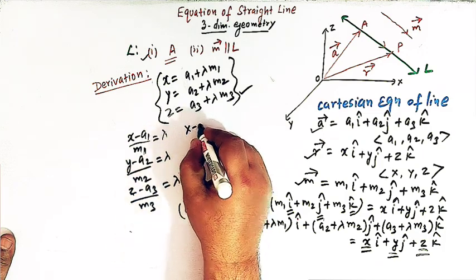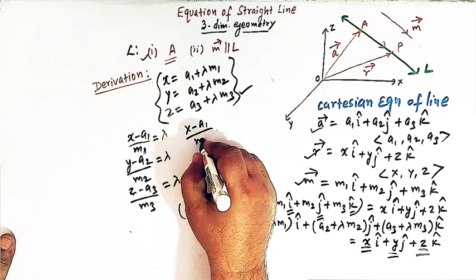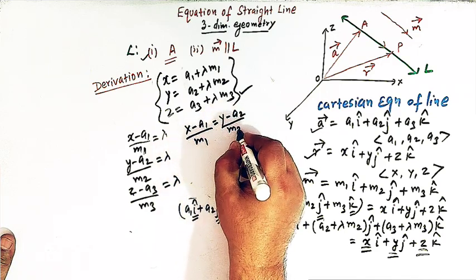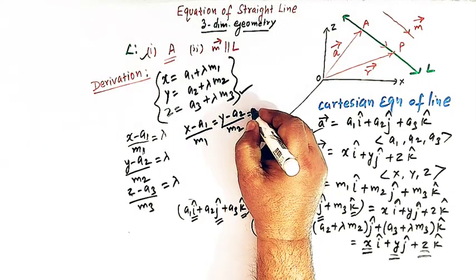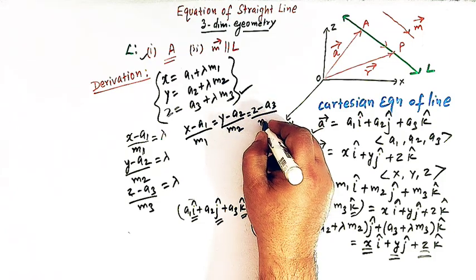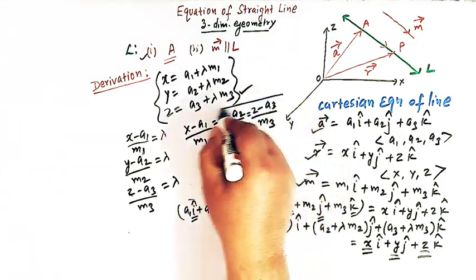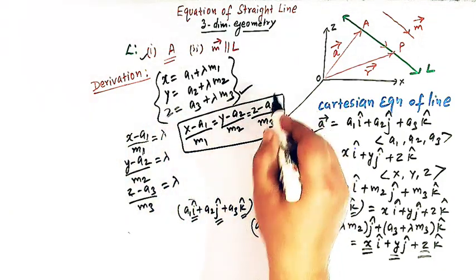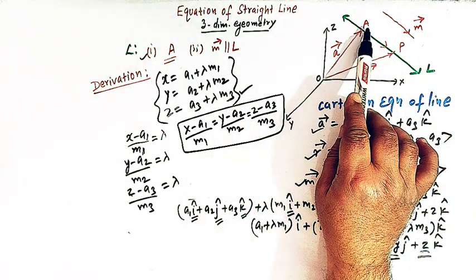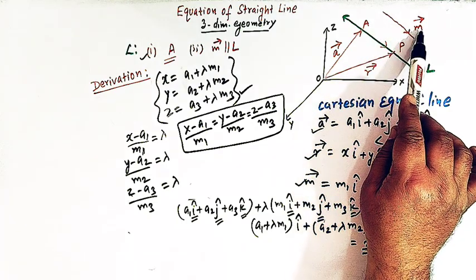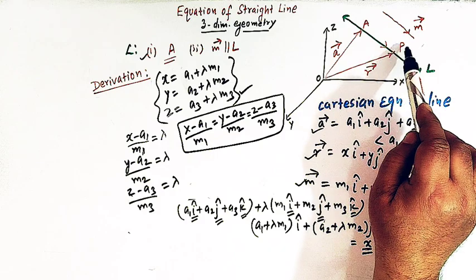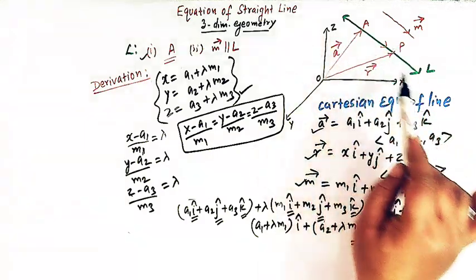We have x minus a1 over m1 equal to y minus a2 over m2 equal to z minus a3 over m3. So this is the Cartesian equation of this line L passing through this point A, parallel to this vector M, and having an arbitrary point P lying on it.